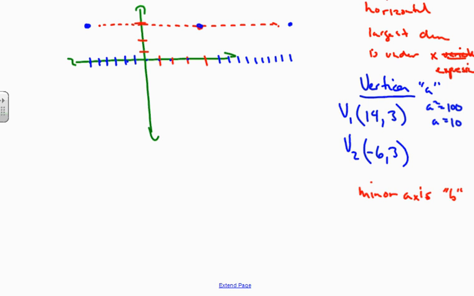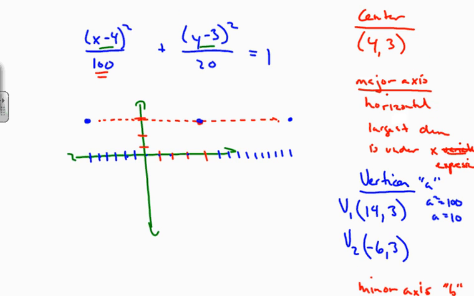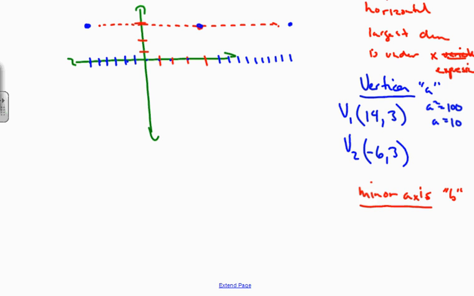If you look at our equation, B squared equals 20. So B has to equal the square root of 20, which is 2 square root of 5, which is roughly about 4.5-ish. So what we're going to do is find where these minor values are.